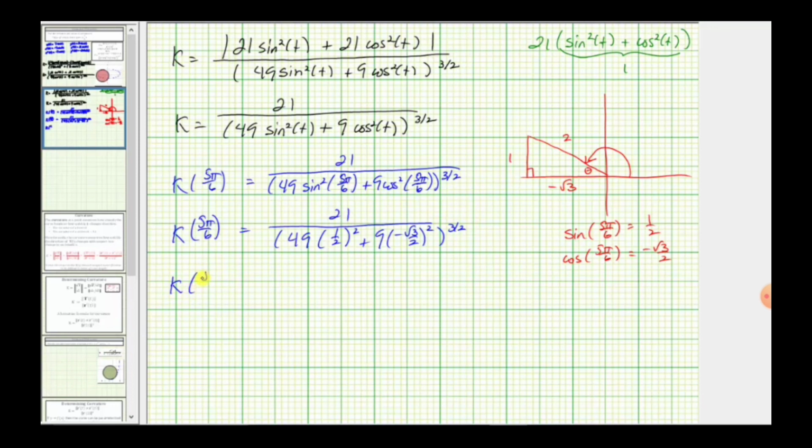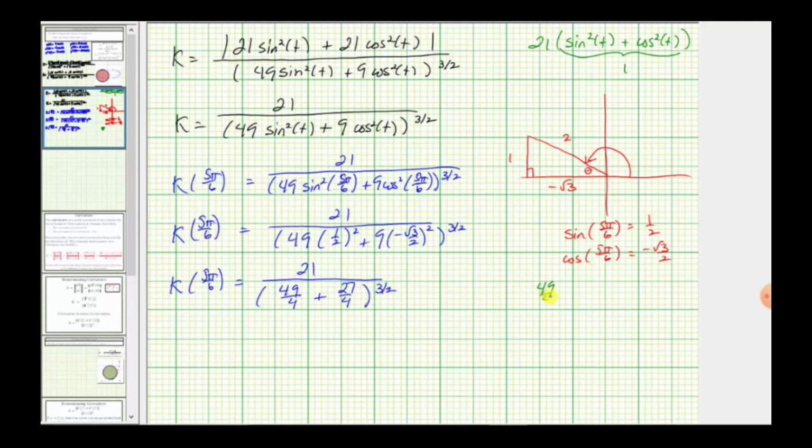Simplifying, we have 21 divided by the quantity 1/2 squared is 1/4, so we have 49 fourths, plus the square of negative square root 3 over 2 is 3/4. 9 times 3/4 is 27 fourths. All this is raised to the 3/2 power.